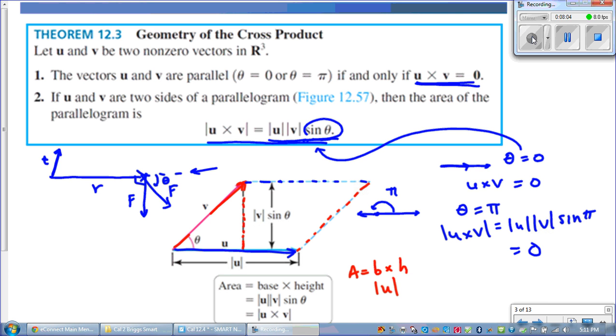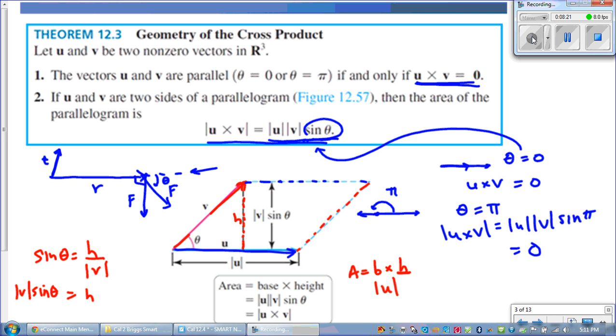Using the trig function, we know that sine of theta will be the height over the magnitude of v. So that means our height is the magnitude of v times sine of theta.